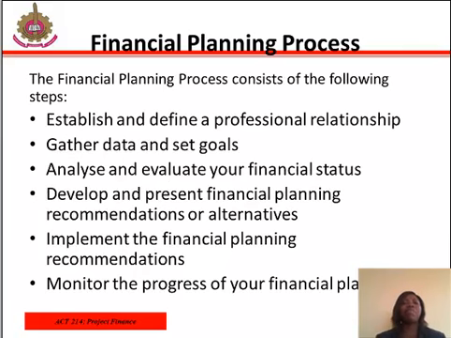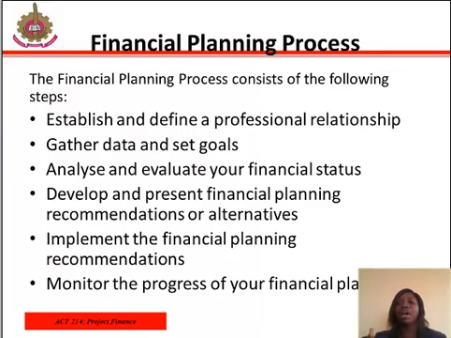So let's talk about the financial planning process. The financial planning process consists of the following steps. The first one is to establish and define a professional relationship. The financial planner will clearly explain the services to be provided to you and define both his and your responsibilities.